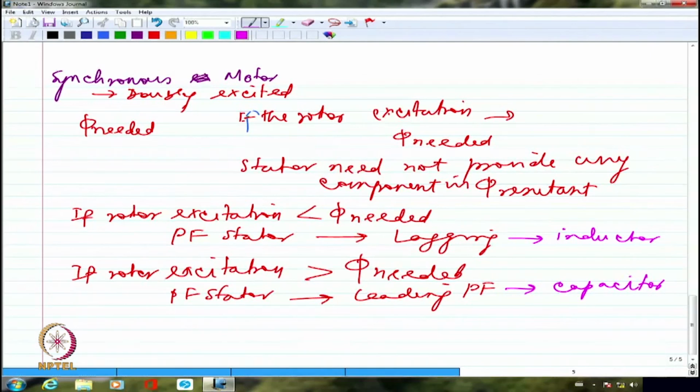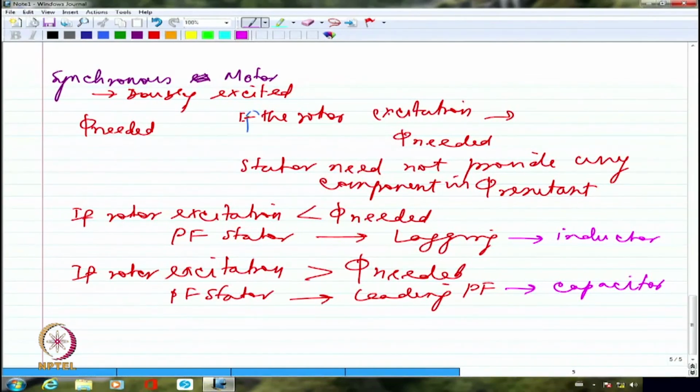So if I don't provide enough flux from the rotor side, I have to supplement it from the stator side, which becomes like a magnetizing current. Because of which I'm going to have the power factor lagging. If I provide an excessive amount of flux, then I might have to return some portion of the magnetizing current, in one sense, which means it is going to work like a capacitor.